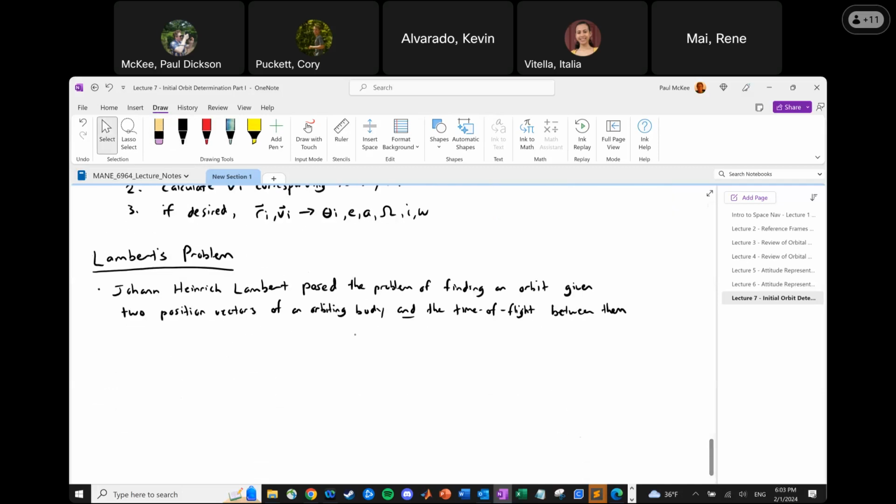I wish I had the date, but it was late 1700s, early 1800s. This problem was solved by Joseph Louis Lagrange. Yes, that Lagrange, using some coefficients that he calls the Lagrange coefficients.